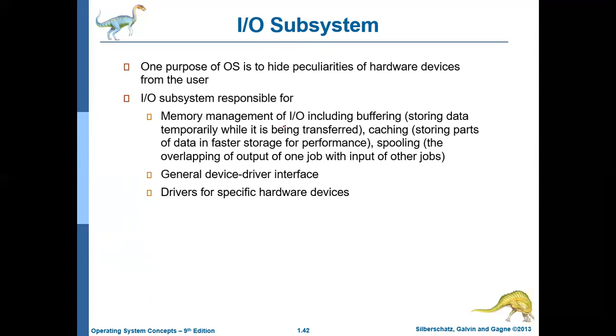So that is the role of the operating system with respect to managing IO devices. A typical IO device may perform buffering, caching, and spooling. A buffer is basically a temporary storage in the IO device. Normally, every IO device will have a buffer. For example, a keyboard has a buffer.